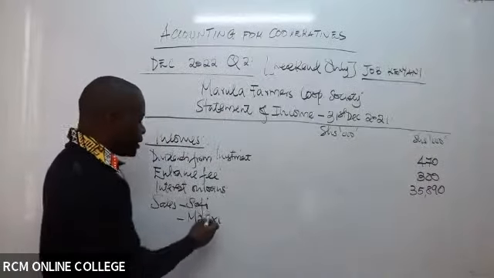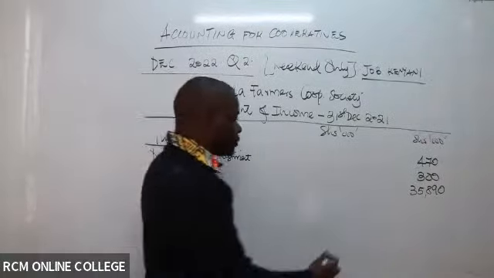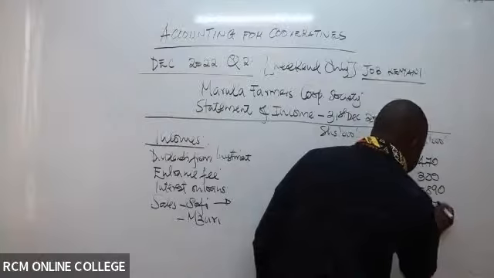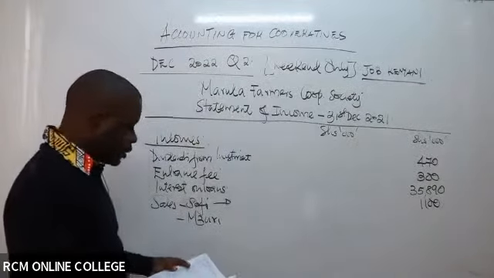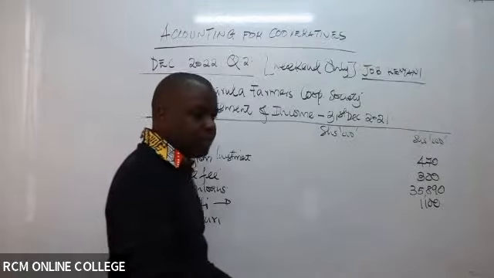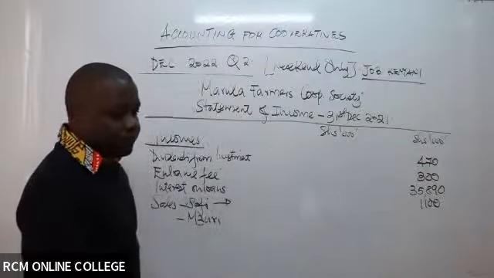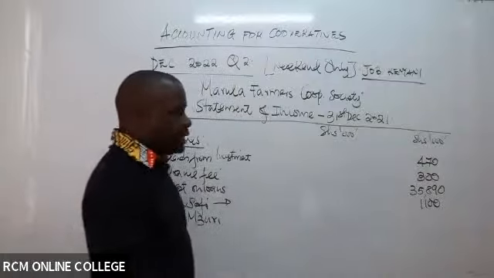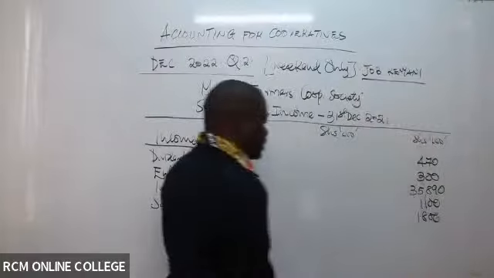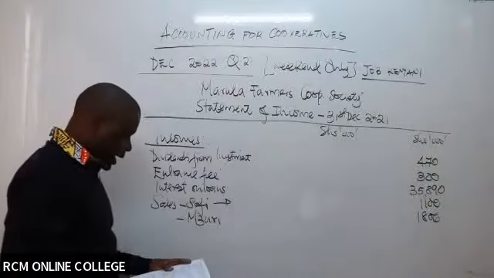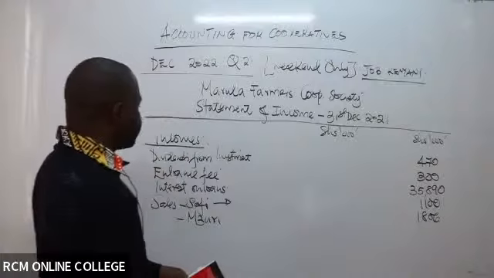For Safi, you can look at what we have prepared. It is 1100. Then for Vizuri, how much was it? 1806. So those are the incomes realized out of this cooperative society.